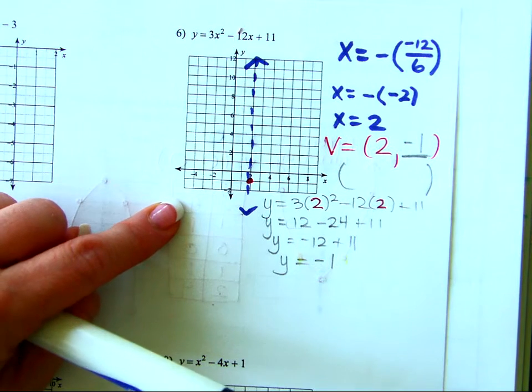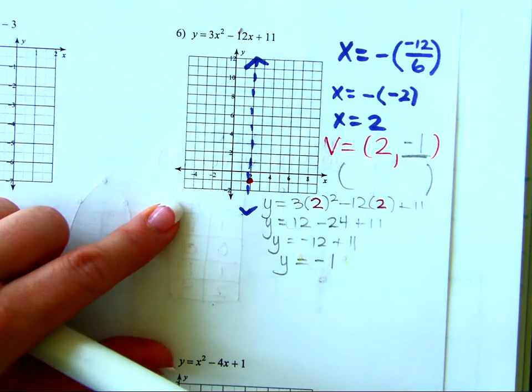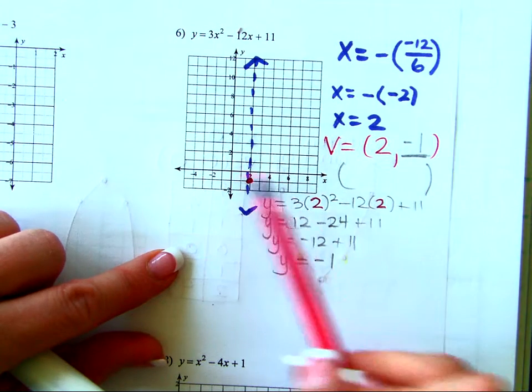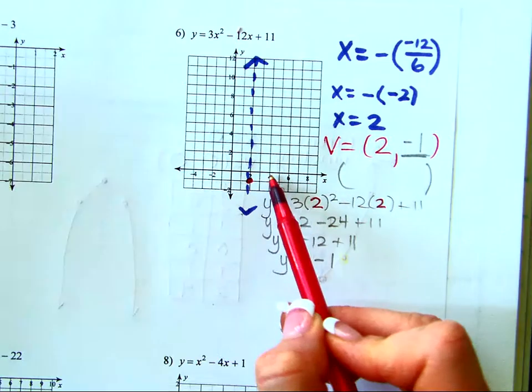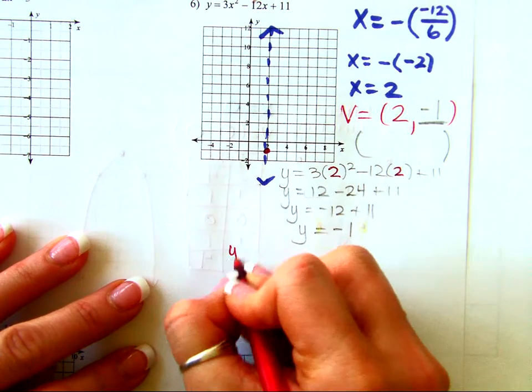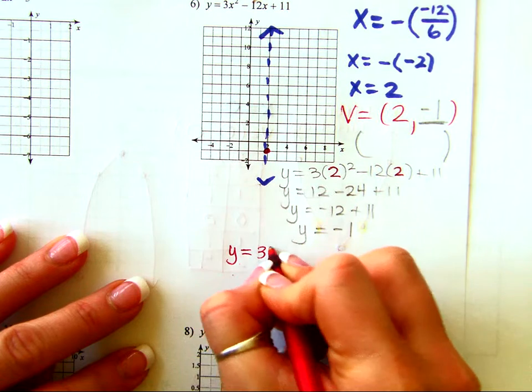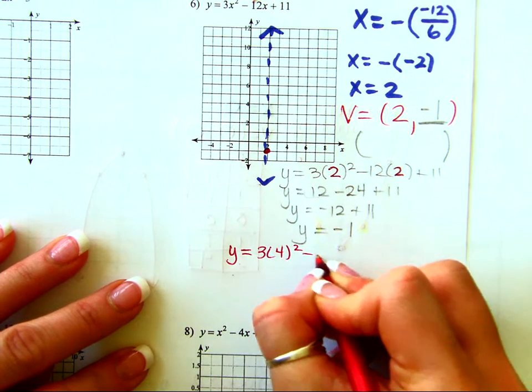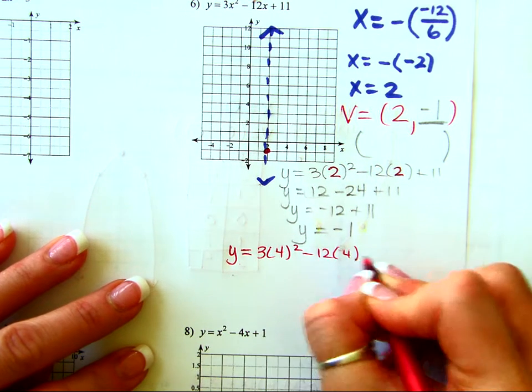So here's the next deal. Pick another value of X that you can see. Why not pick 4? Right? So let's pick another value of 4. Y equals 3 times 4 squared minus 12 times 4 plus 11, and you do it all again.